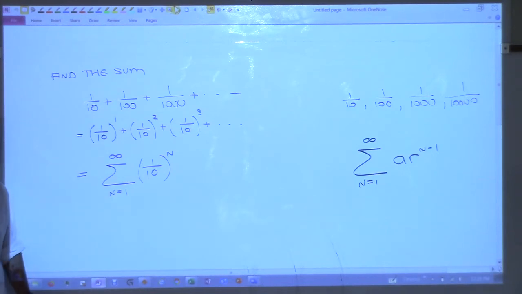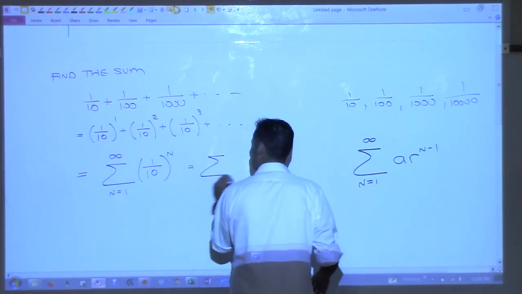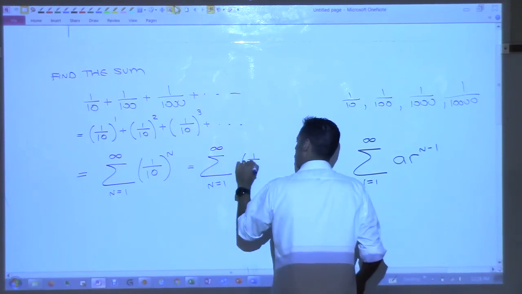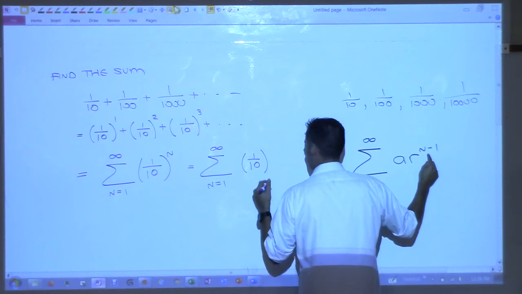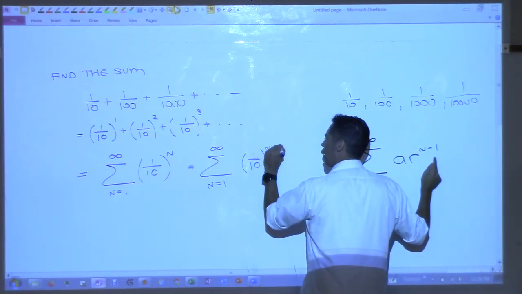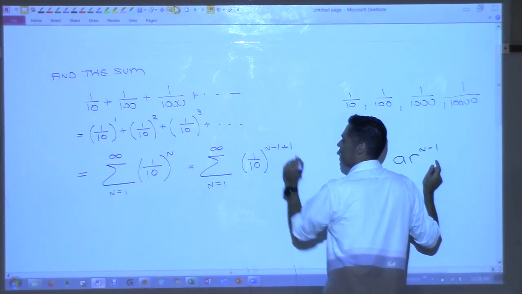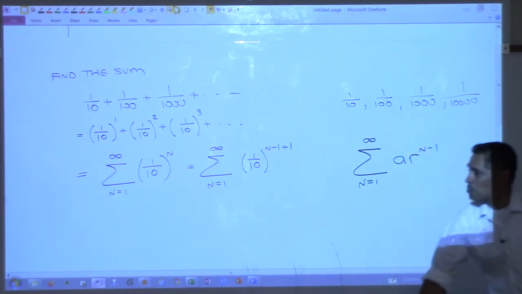So we've done something like this back with integrals. Just watch me do it this first time. Sum n equals 1 to infinity. I really want it to be what up there? n minus 1. So I'm going to do minus 1 plus 1. Yes. Right? I'm going to do minus 1 plus 1.